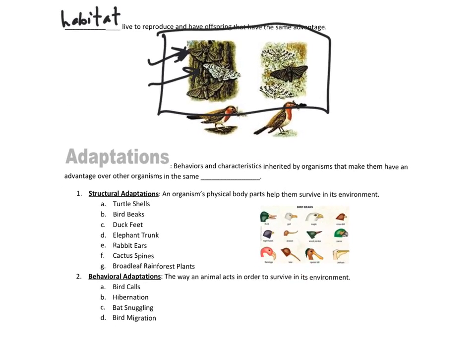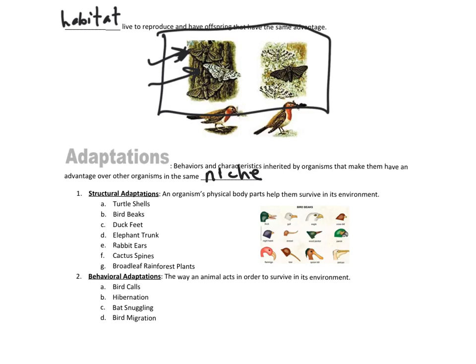These are behaviors and characteristics that are inherited by an organism that give them an advantage over other organisms in the same niche. Adaptations can take a number of different forms, one of which is structural adaptations. These are physical body parts that help living things survive in their environment.